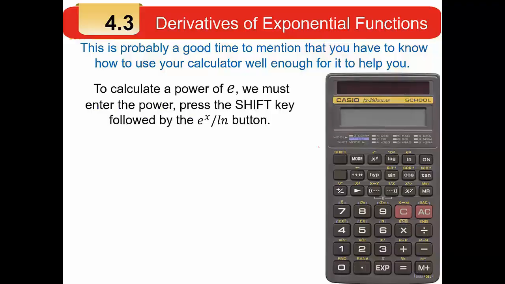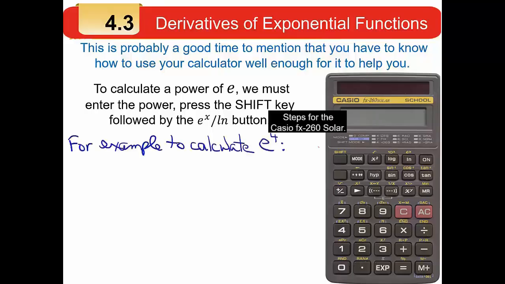Okay, we're talking about exponential, so the base e obviously comes up, and if you ever want to calculate a power of e, here's how you do it. You enter the power, then you press the shift key followed by that button that's got ln on the face of it and the e to the x above.